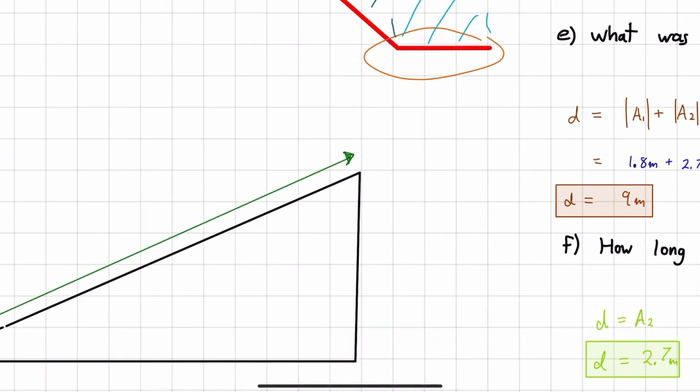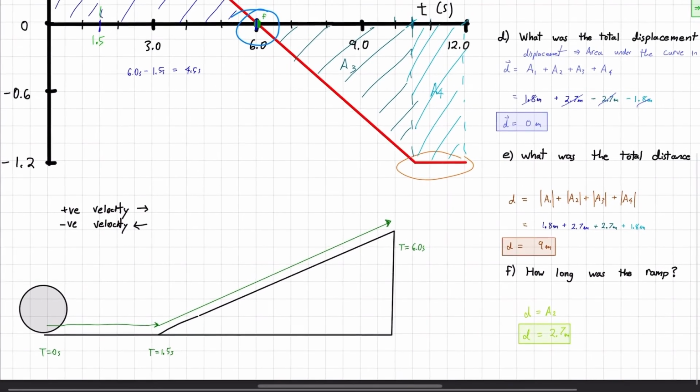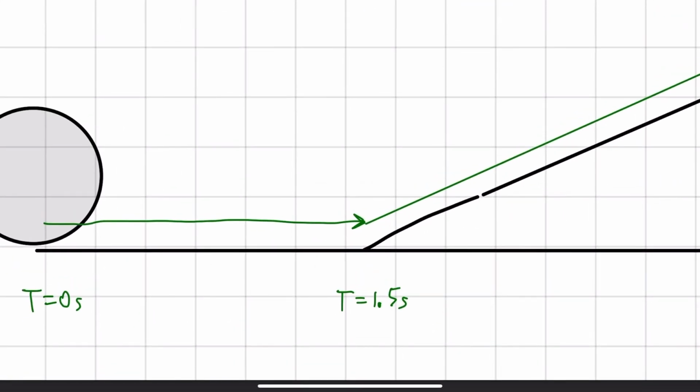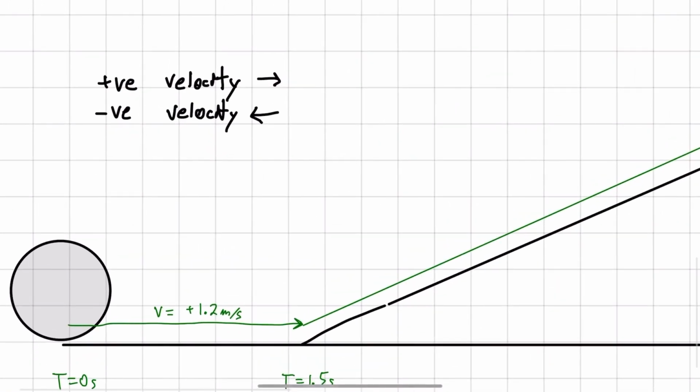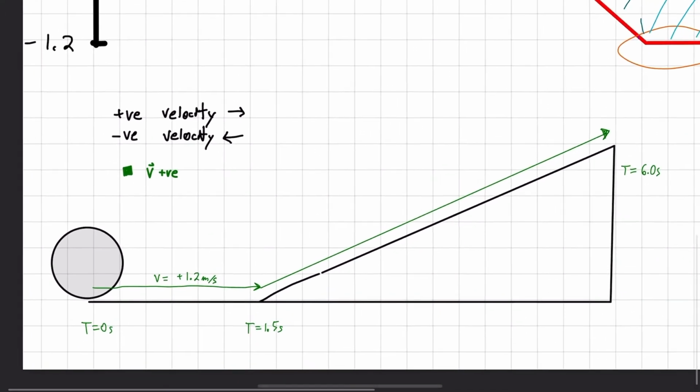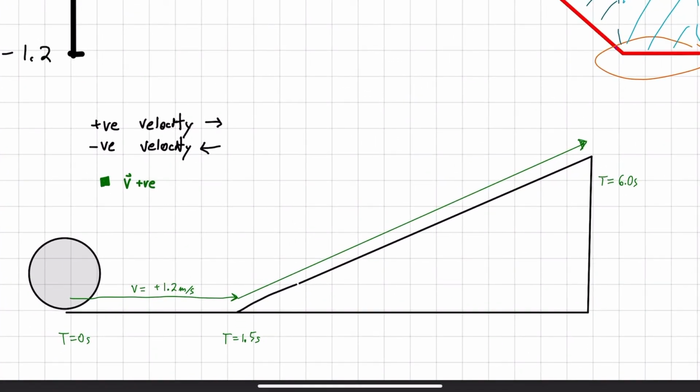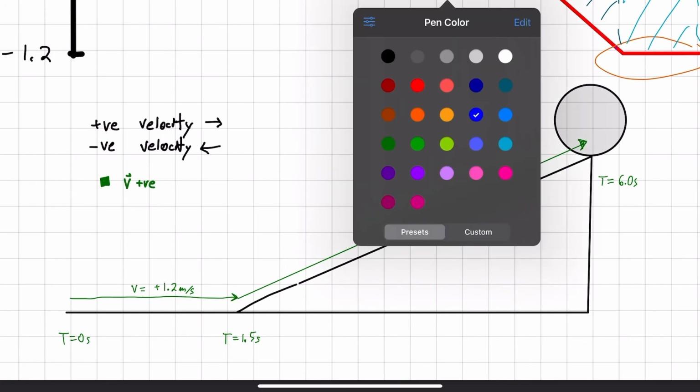And once it reaches the top of the hill, the time equals 6.0 seconds. And during this period, our velocity is plus 1.2 meters per second. And I can draw a little legend for us here. Okay, so once our ball reaches the top of the hill, top of the ramp, then what happens? It starts rolling back down.